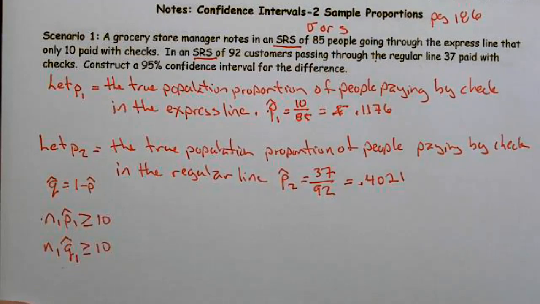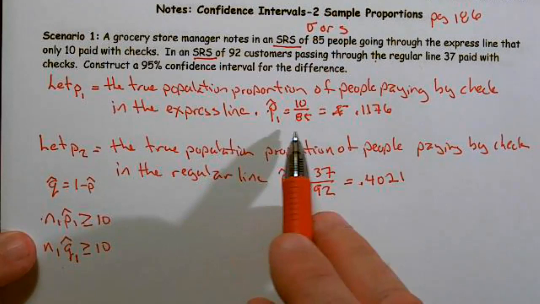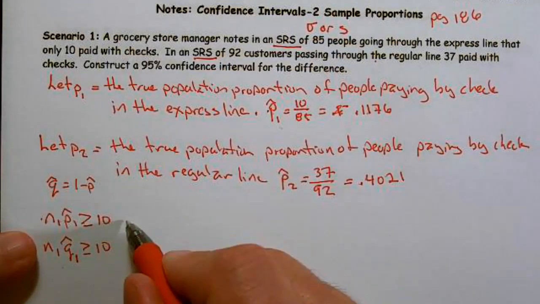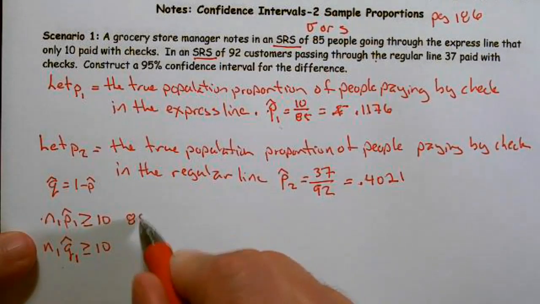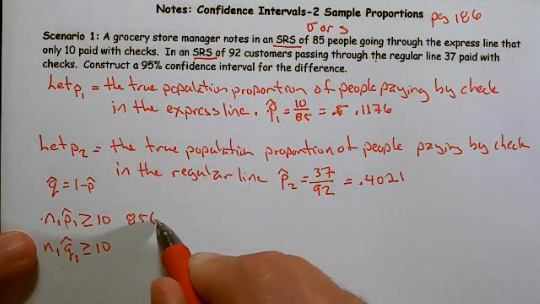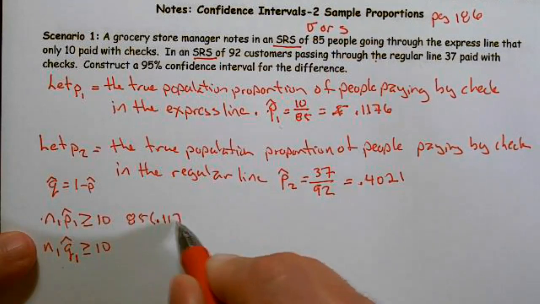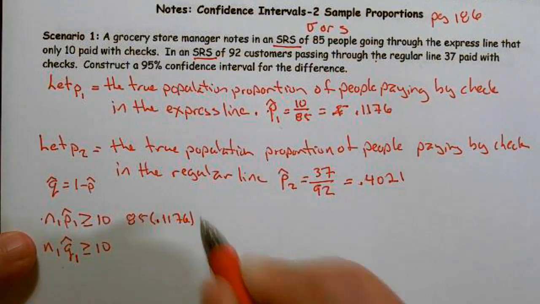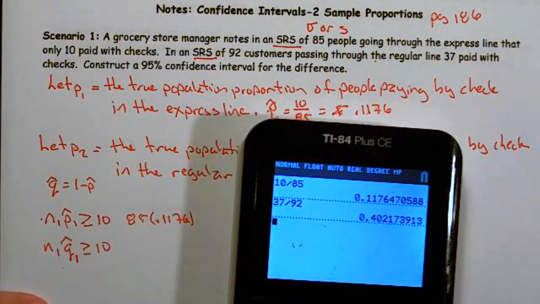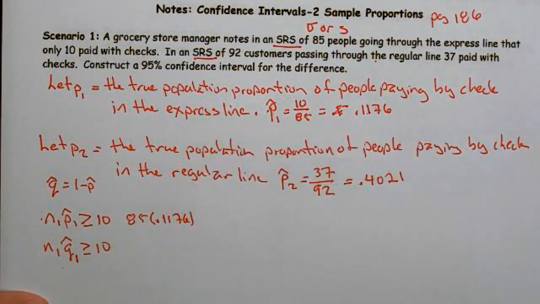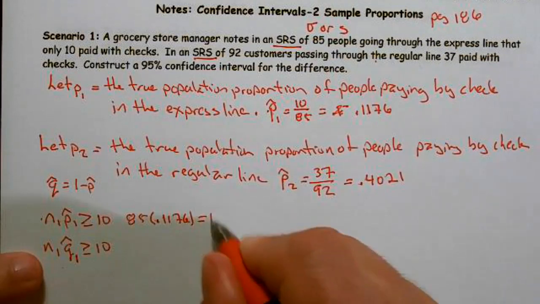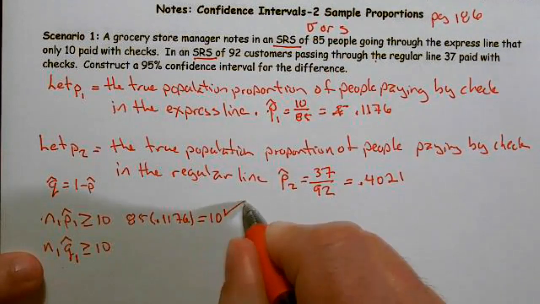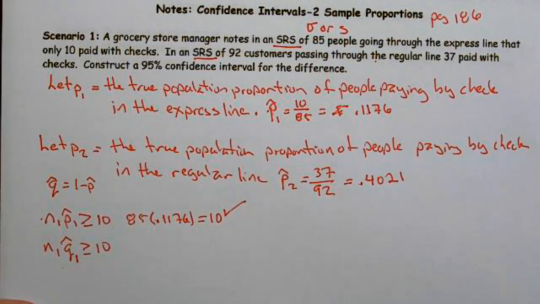All right, so here we go. Let's check this out. Our sample size for our first one was 85. And we said 85 times, what was p hat? 0.1176. And if we do that, we actually end up getting 10. And that's big enough, barely, but it's big enough.